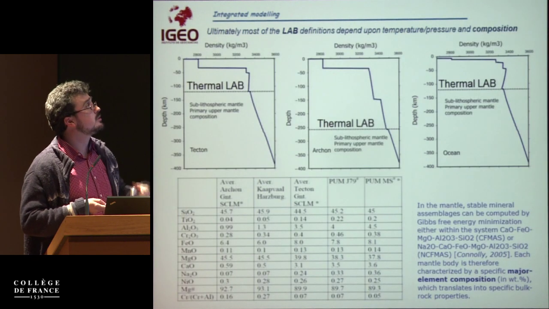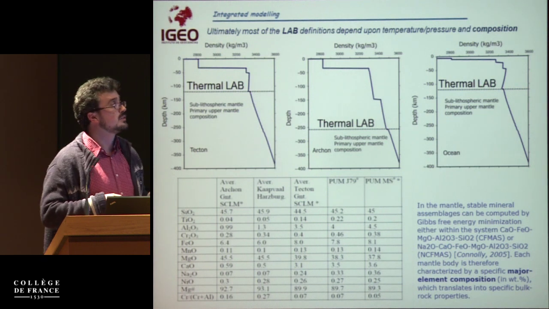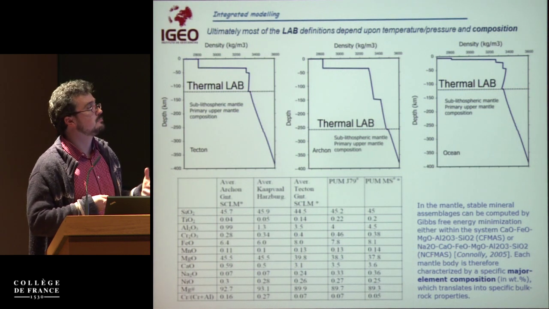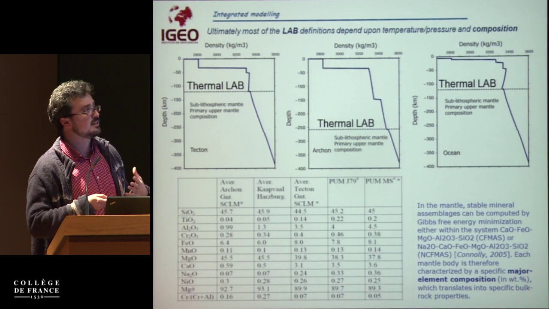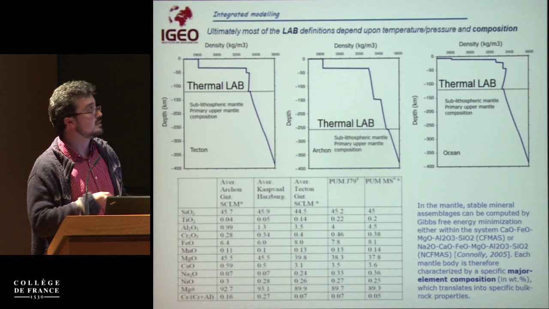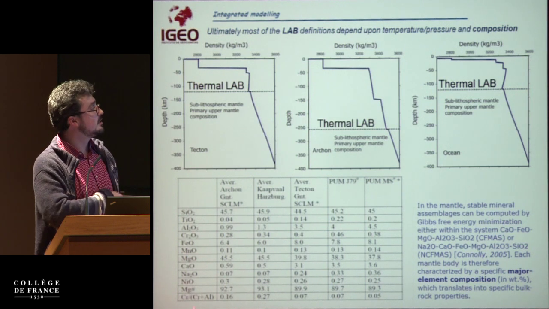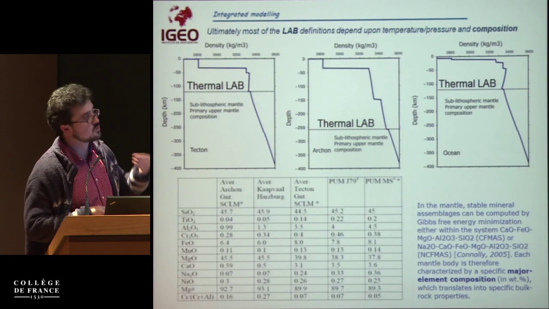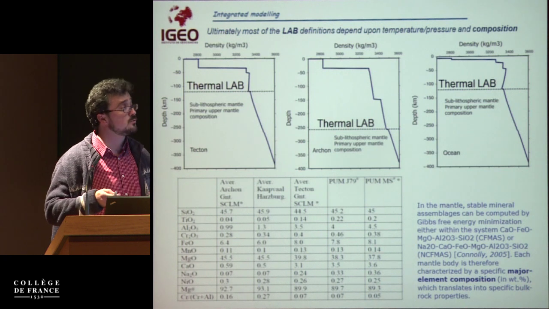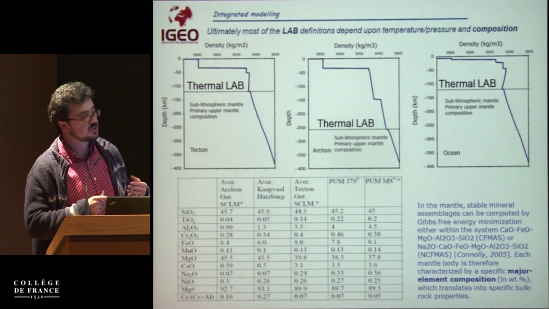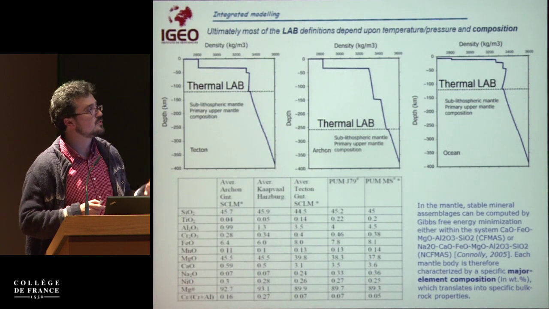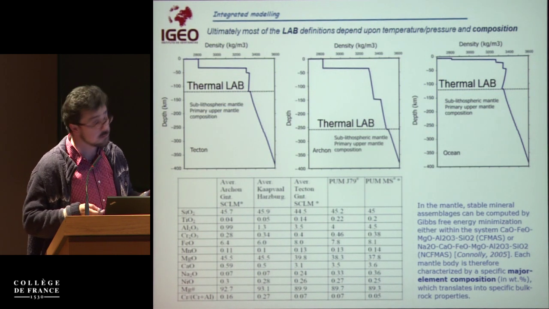As for the composition, as we have heard in the previous talks this morning, we need to specify the bulk amount of the major oxides that compose the upper mantle. You can see a list here. This is interesting because once you specify the amount of those oxides, and as Lars has said, knowing something about the temperature and the pressure, you can compute physical properties in a self-consistent way.